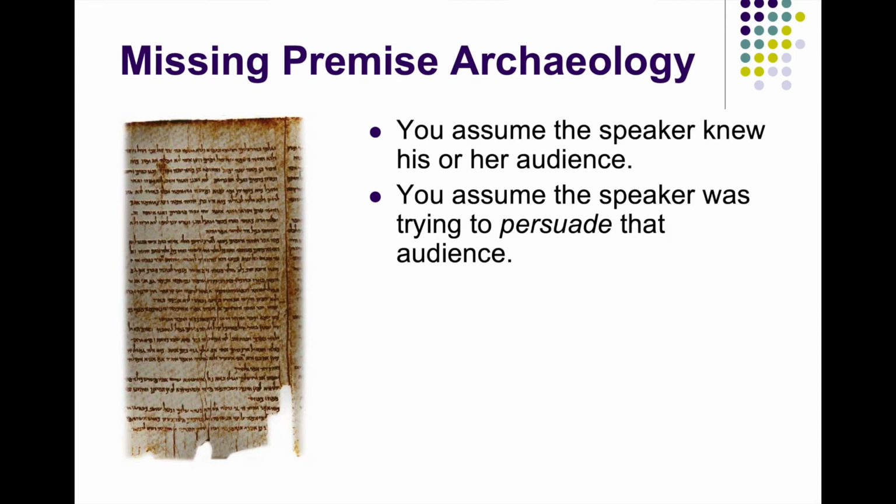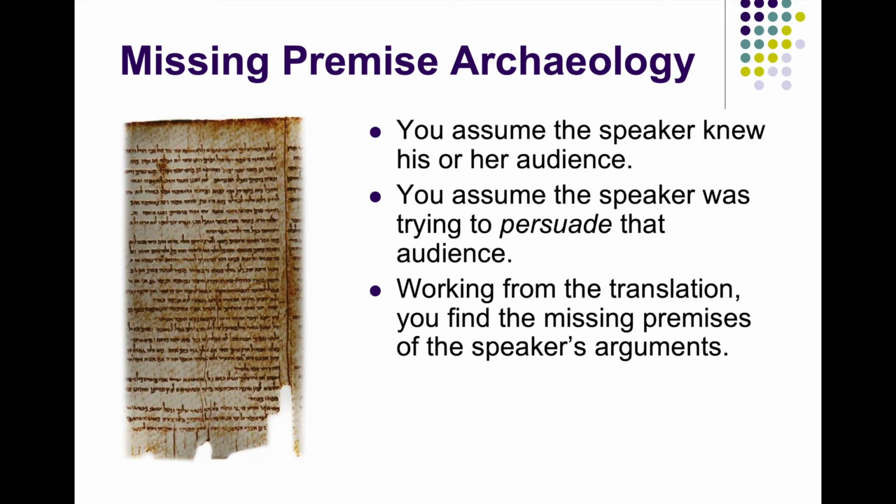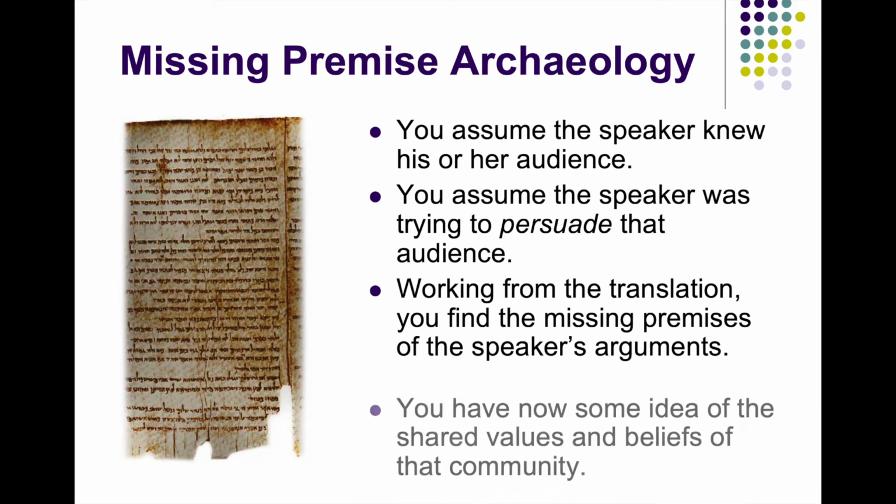So starting with these basic common sense presumptions, that the speaker knew who the audience was and that the speaker was trying to persuade the audience with the text, with the arguments that you have, you work from the translation to find the missing premises of the speaker's argument.